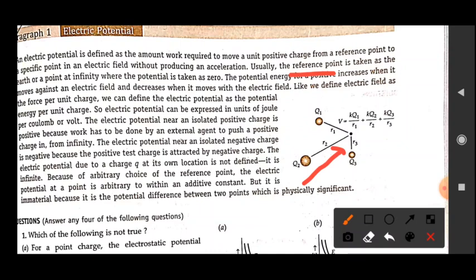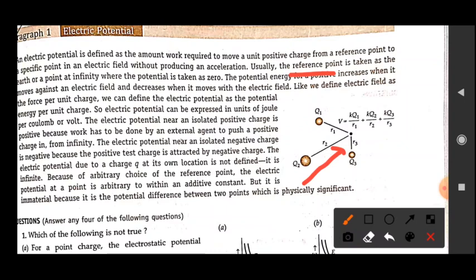So if you move opposite to the electric field, the potential increases, and if you move with the direction of the electric field, it starts to decrease. Like we define electric field as force per unit charge, we can define electric potential as potential energy per unit charge. So electric potential can be expressed in units of joule per coulomb, or volt.